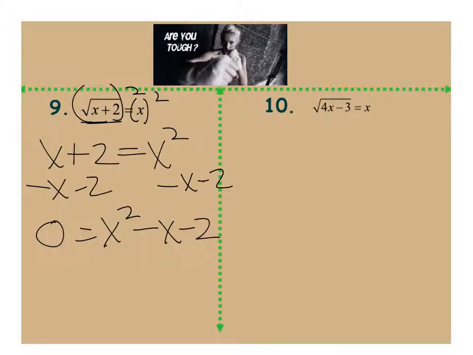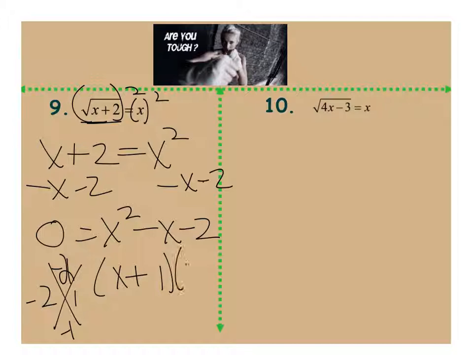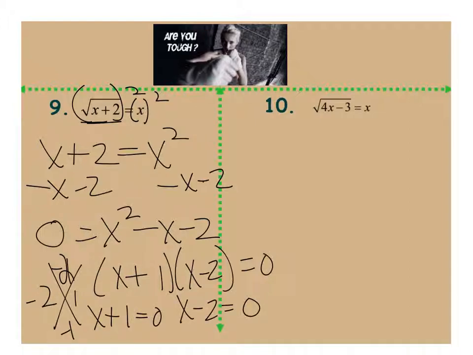Now factor, draw your x, negative 2, negative 1, so that's got to be negative 2, positive 1. So that's going to be x plus 1, x minus 2, so equals 0 still, so x plus 1 equals 0, x minus 2 equals 0. So x equals negative 1, x equals 2.